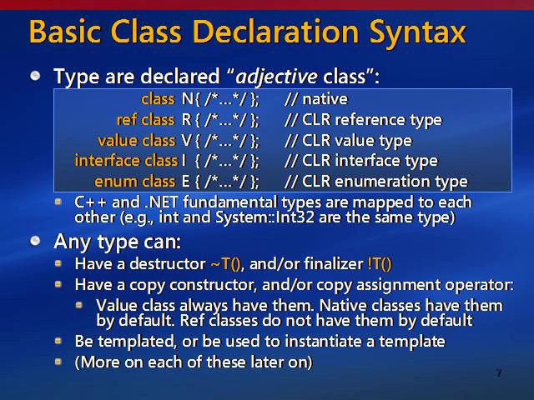And interface class and enum class. And these are all adjectives to the word class. And so all of these are considered context-sensitive keywords. You can still use value as an identifier, which was very important to us, especially since almost every code base we looked at had that as an identifier.